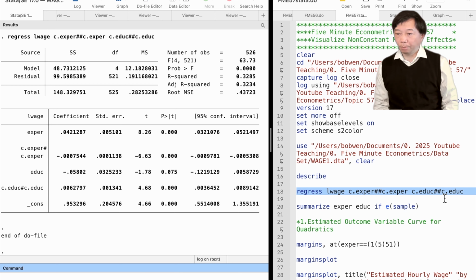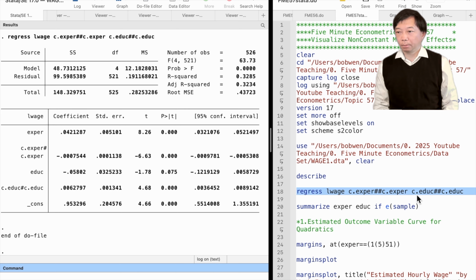So the outcome curve bends downward. In Stata, we use a double hashtag between variables to include both the level term and the interaction term in the model. When the two variables are the same, it means both the level term and the quadratic term of that variable are included.